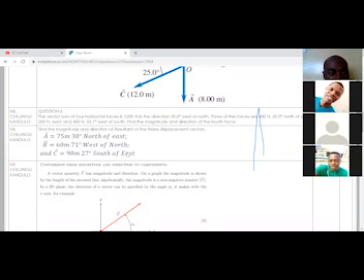The question reads: find the magnitude and direction of the resultant of the three displacement vectors. Vector A, which is equal to 75 meters, 30 degrees north of east. Vector B, which is equal to 60 meters, 71 degrees west of north.